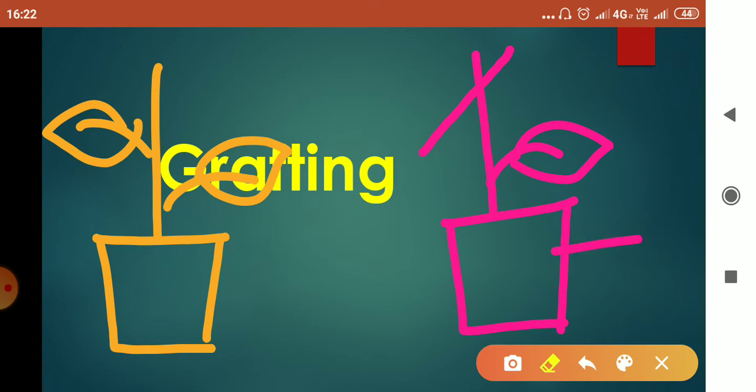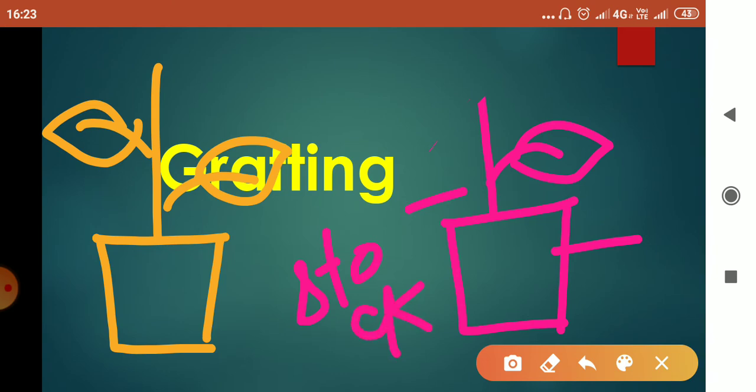Now after removing this part, you can observe it here like this. This part is called the stalk now. The rooted part of the plant is called the stalk.